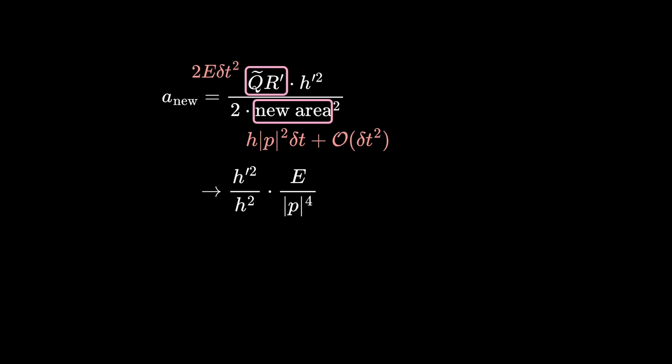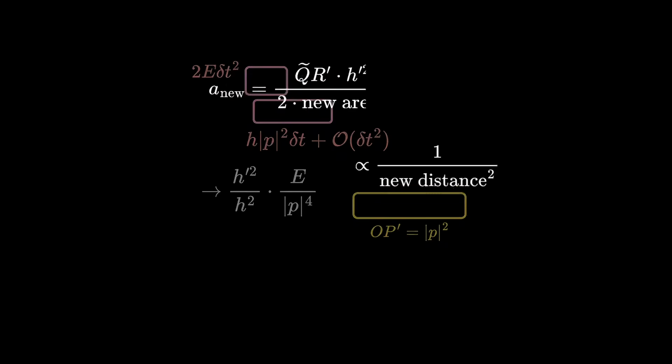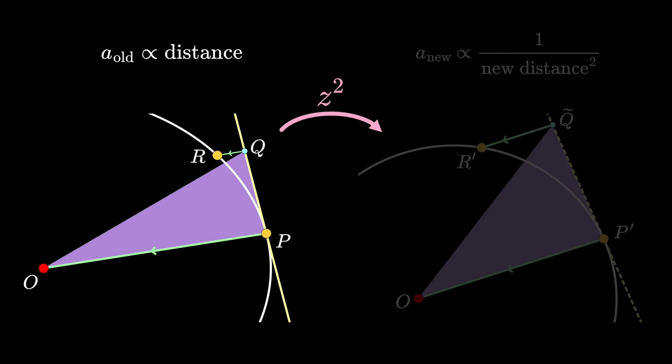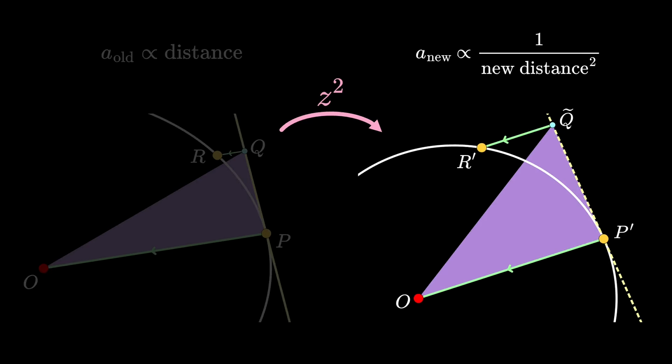Since angular momentum and the original energy are conserved, this is inversely proportional to the new distance squared, because the new distance from the origin is mod P squared after the squaring transformation. Before squaring, we assumed the acceleration is proportional to distance, or Hooke's law, and we have shown that after squaring, the acceleration follows the inverse square law.